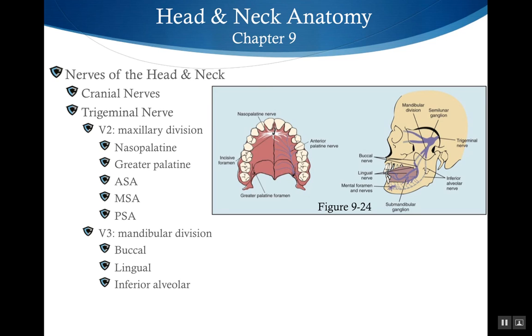So let's talk about the V3 or the mandibular division of the trigeminal nerve. It divides further into the buccal, lingual, and inferior alveolar nerve branches. The buccal nerve supplies innervation to the buccal mucosa or the buccal mucous membranes and the mucoperiosteum of the mandibular molar teeth. The lingual nerve, as it sounds, innervates the anterior 2/3 of the tongue.